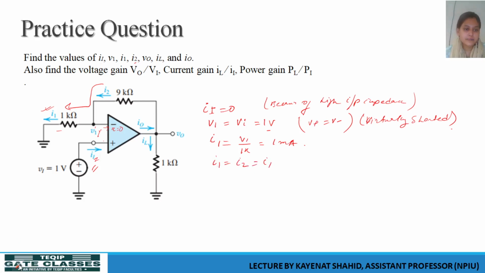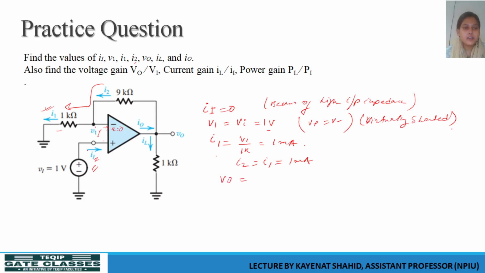We can write it in whatever manner we wish to. So this is I1, which is nothing but 1 milliampere. Already we have found that. Next thing is to find VO. So what is VO? VO is the output voltage.